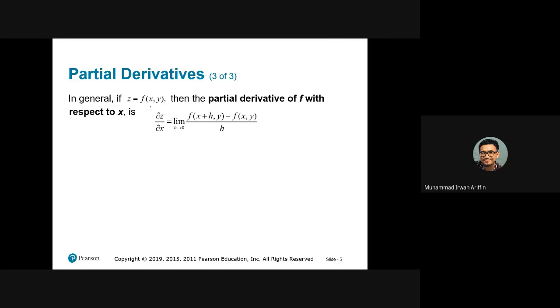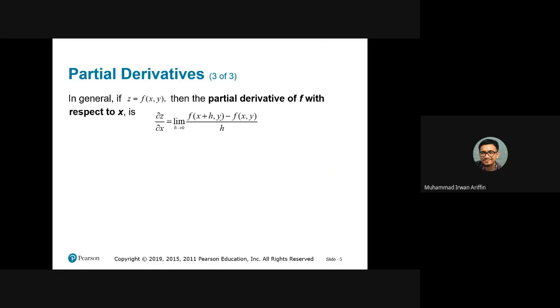In general, if we have z as a function of two variables, f of x and y, then the partial derivative of f with respect to x is given by this concept of limit, where we change the value of x by h and make this h as small as possible.